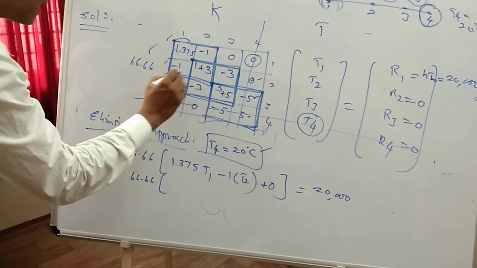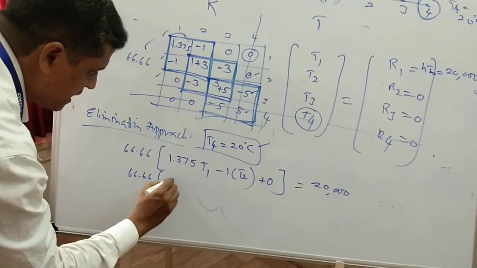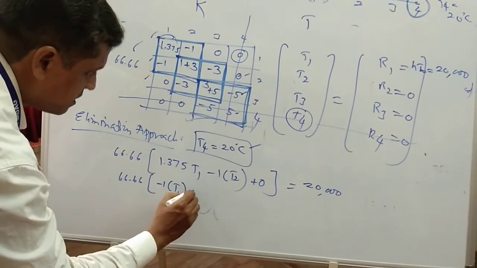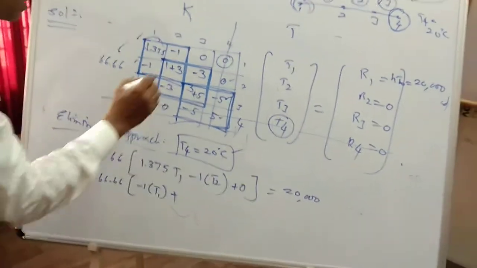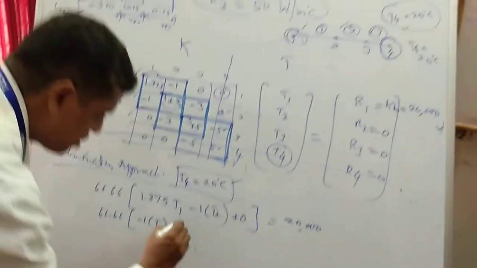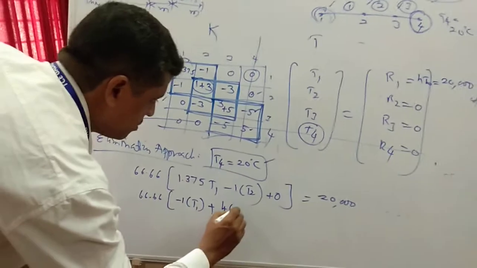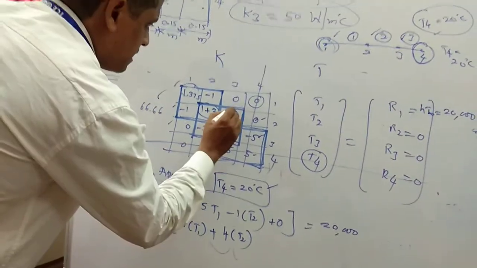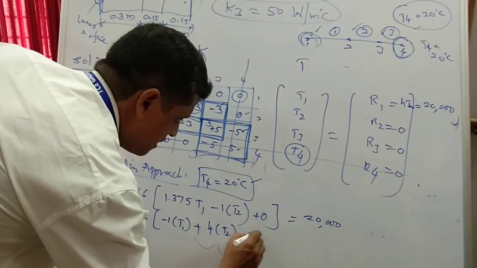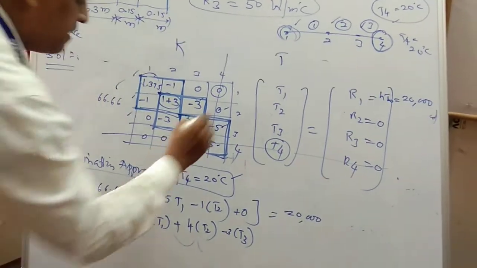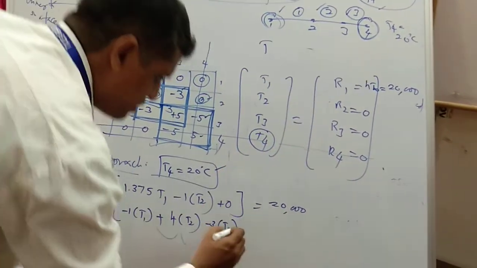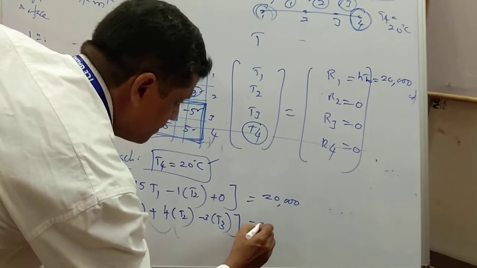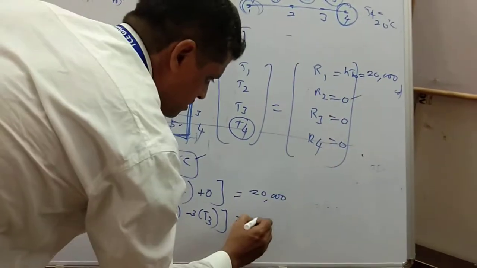66.66, for the second equation, minus 1 into T1 plus, since this is 1 plus 3, that is 4 into T2, next minus 3 into T3, plus 0 into T4 which gives 0, so leave it, is equal to R2 which is 0.